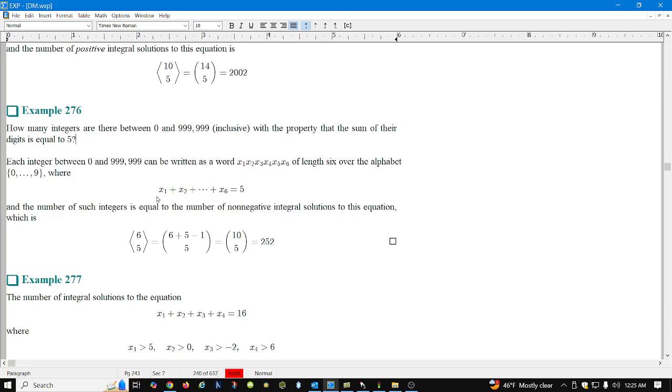Okay, so the number of such integers is equal to the number of non-negative integral solutions to this equation, and that is 6 multi-choose 5, which is 252. Much easier than doing it by brute force, you might say.